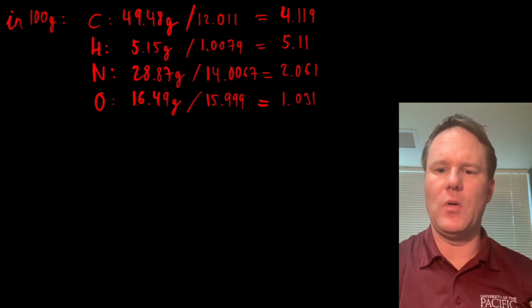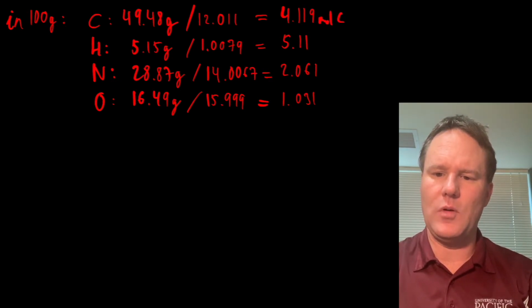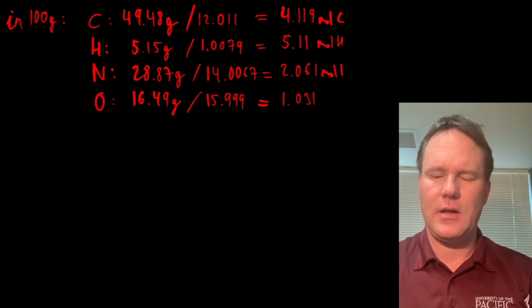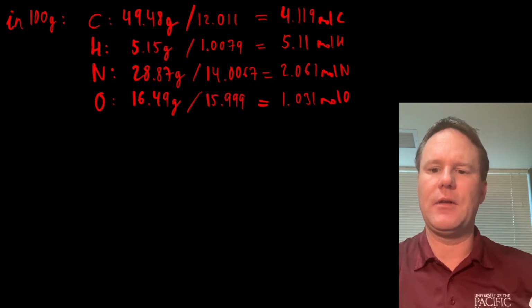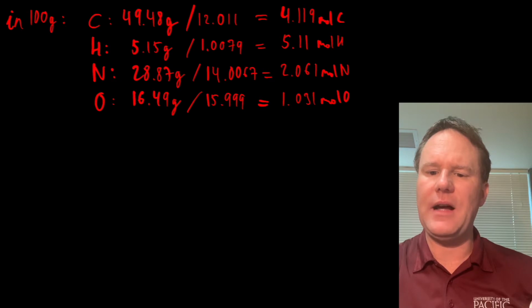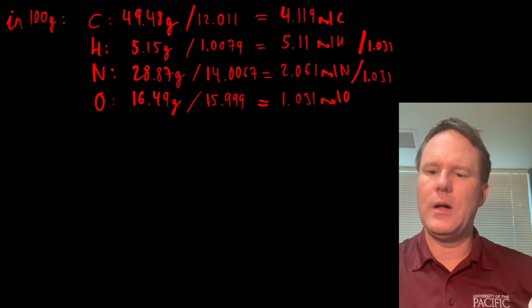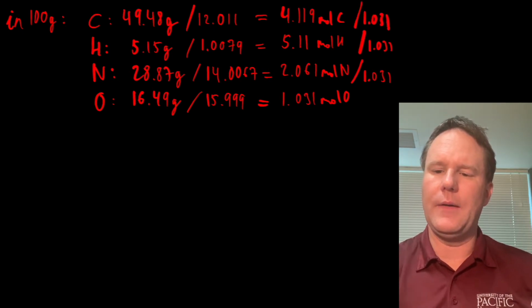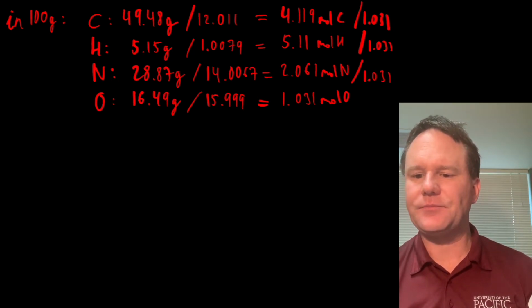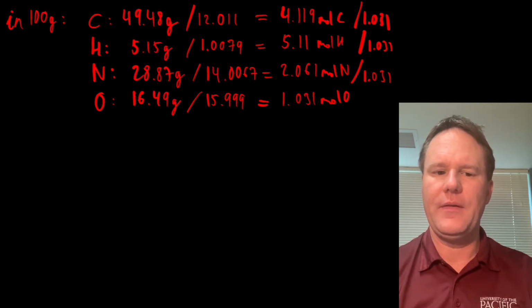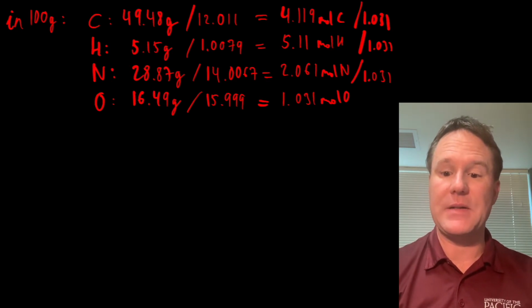Okay, so I have these. This would be how many moles? Let me write it out: moles of carbon, moles of hydrogen, moles of nitrogen, and moles of oxygen in 100 grams. And so I divide all of them by this 1.031. This means I'm establishing the ratio of all three of the other elements with respect to the oxygen.